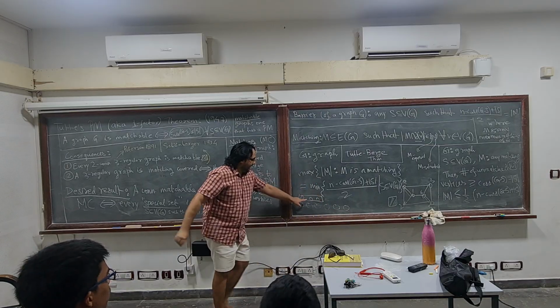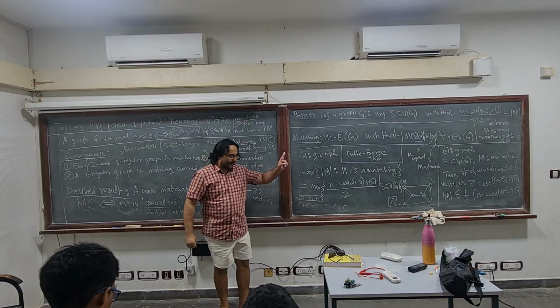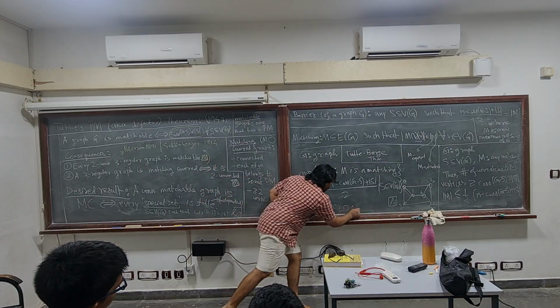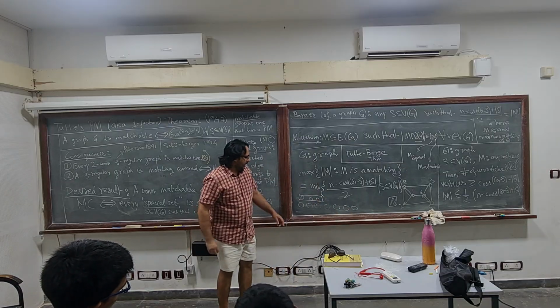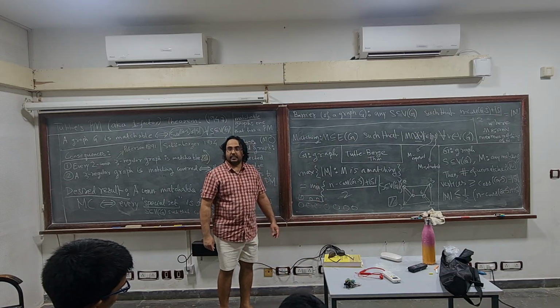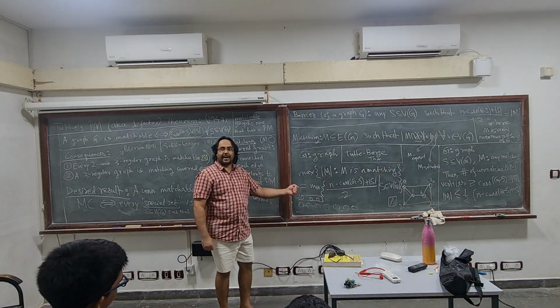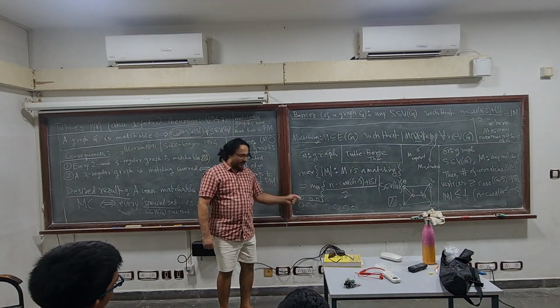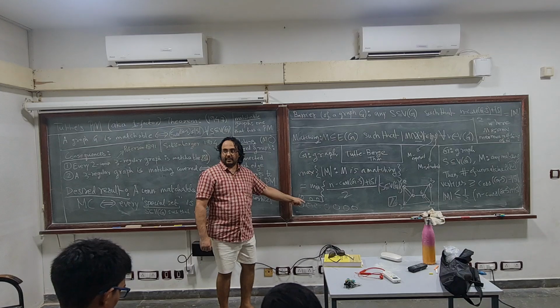For this to be a barrier, it means that in any maximum matching of this graph, I will have 7 minus 3, 4 exposed vertices. And there is a maximum matching for which there are exactly 4 exposed vertices. That is what it means for this to be a barrier.